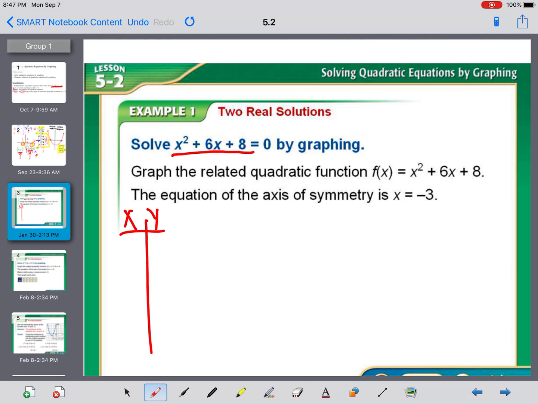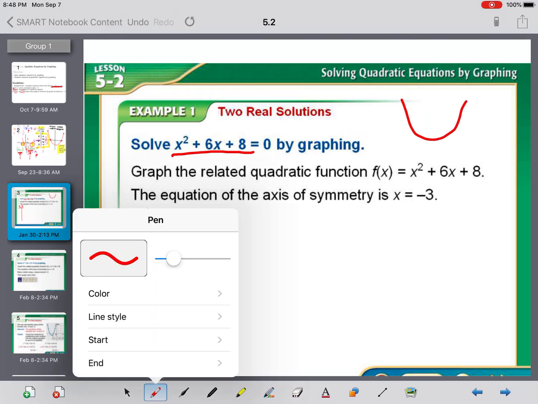Solve this by graphing. Well, if I was going to graph it, I would write some different x's and find out the y's so that I could do a table.